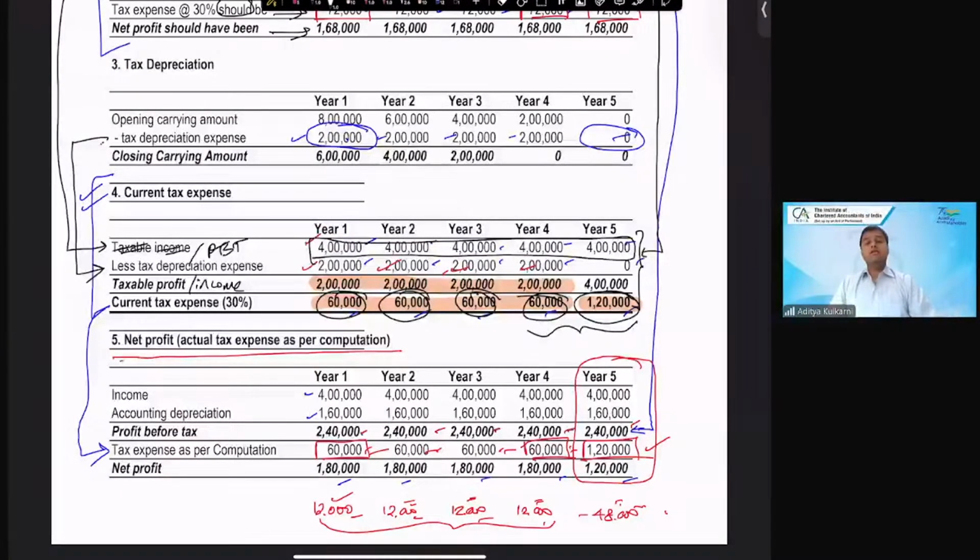In accounting, your depreciation is 1,60,000 per year for 5 years, whereas your tax depreciation is a set of 8 lakh SLM depreciation over 4 years. So what is happening is you are having accelerated income tax depreciation. Yes or no? Yes, sir. Correct? All right.